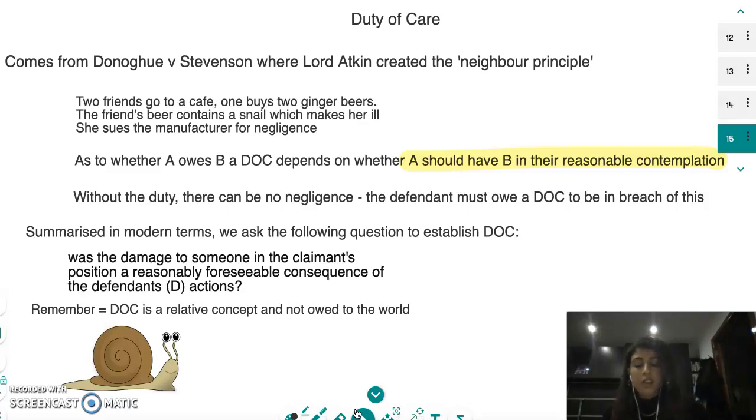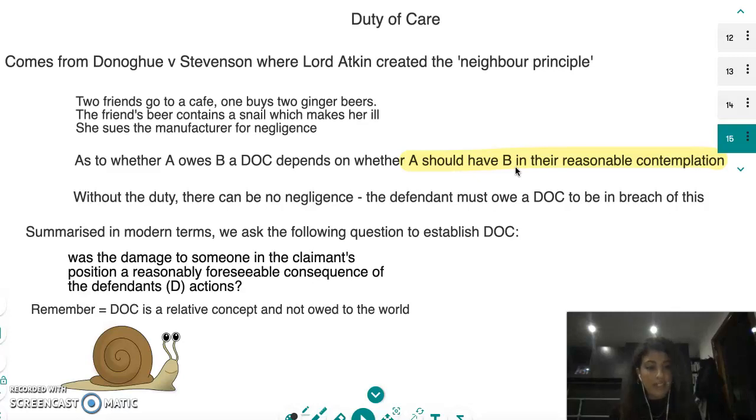Now, Lord Atkin's neighbour principle seems to be whether A, being the defendant, should have had B, the claimant, in their reasonable contemplation. These can be used interchangeably, for example D and C, which you'll see later on. And without this, there can be no negligence.